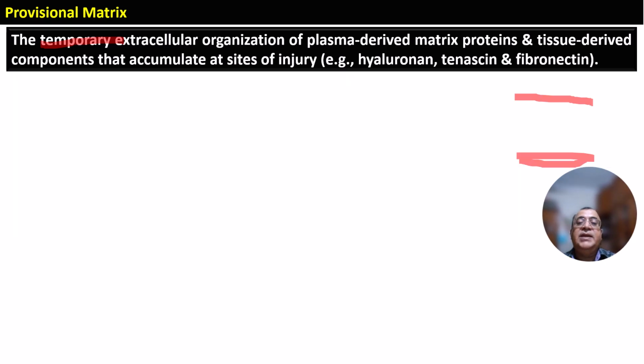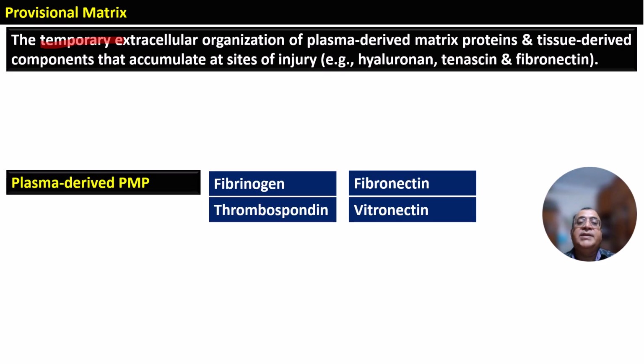There are various adhesive glycoproteins that are present and they work as a glue for the extracellular matrix and the cell. These consist of fibronectin, tenascin, whose other name is cytotactin, and thrombospondin.